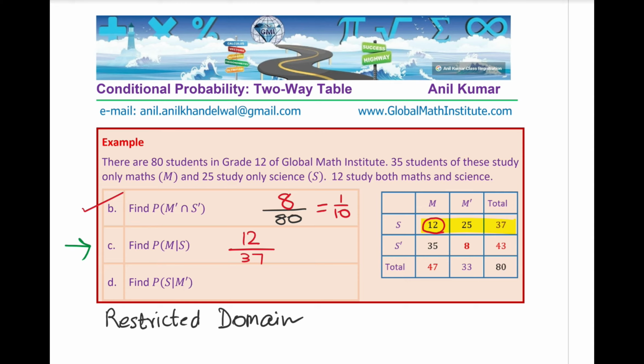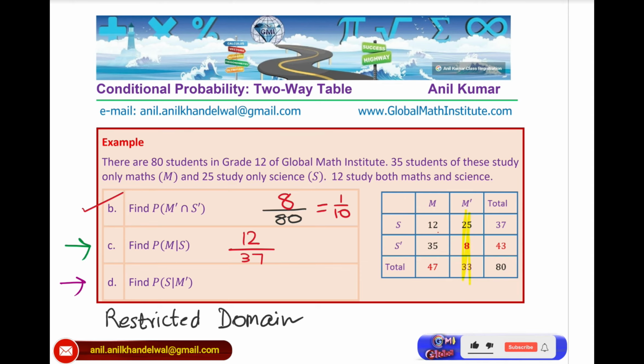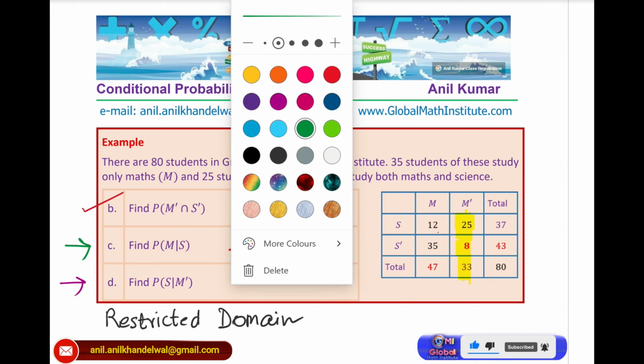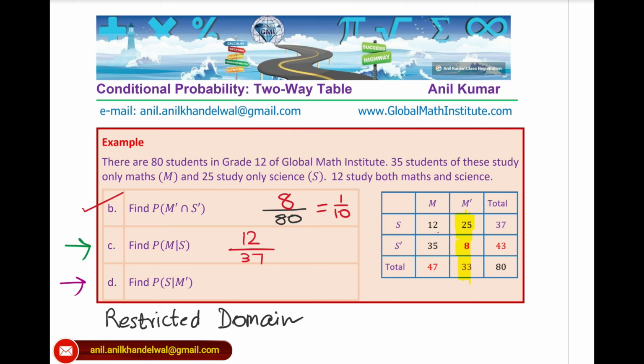Now, this time, what are we looking at? We want to find the probability of students who have taken science and we know that they have not taken maths. So, when we say that they have not taken maths, then what should I highlight? Well, clearly, not maths is this group, correct? And what are we interested in? We are interested in the outcomes of students who have taken science.